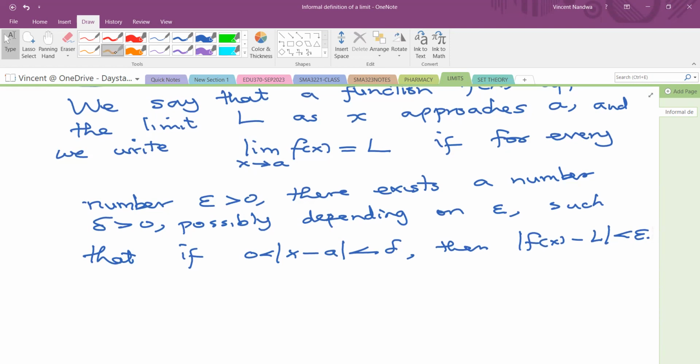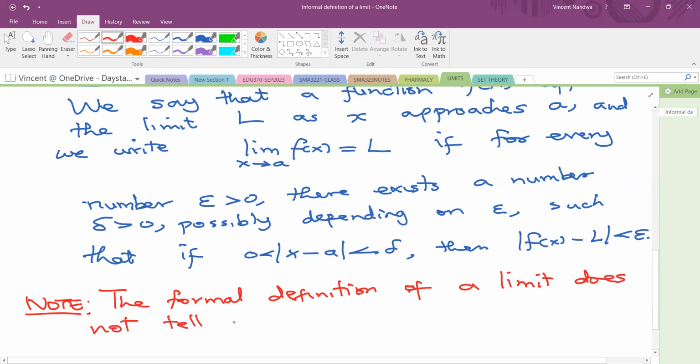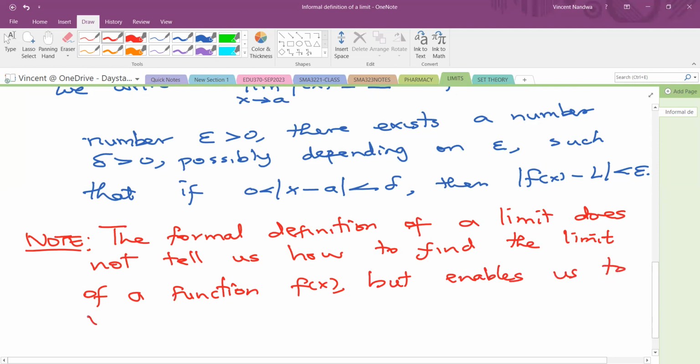So it should be very clear that the formal definition of a limit does not tell us how to find the limit of a function f of x, but enables us to verify a suspected limit is correct.